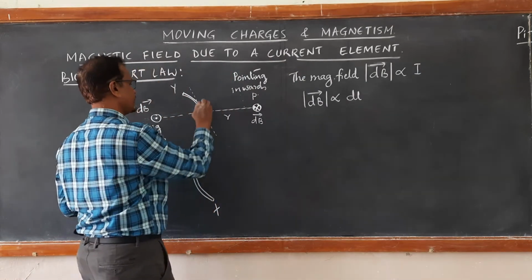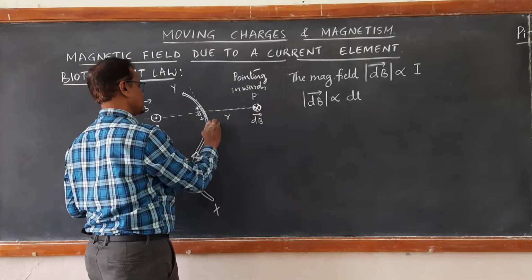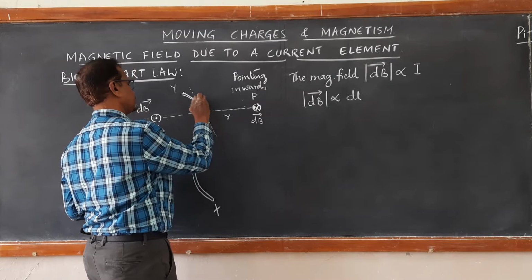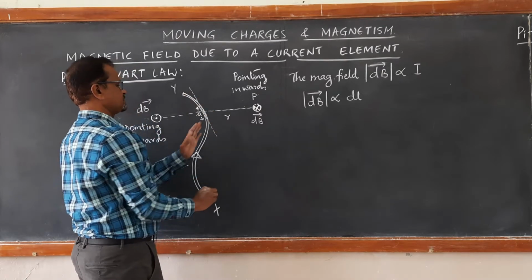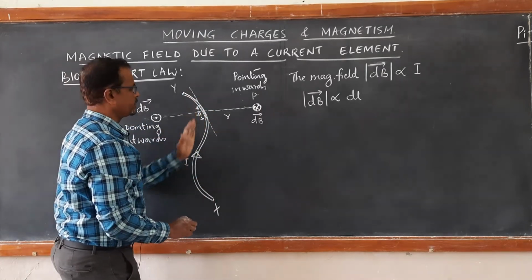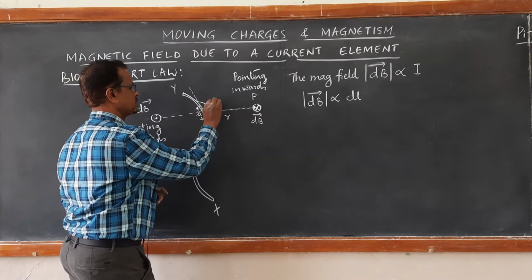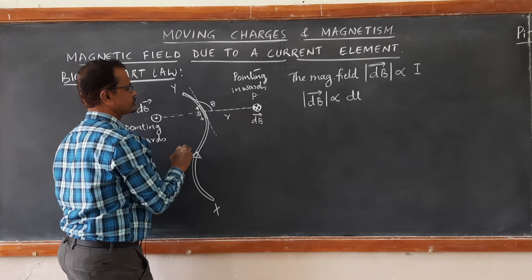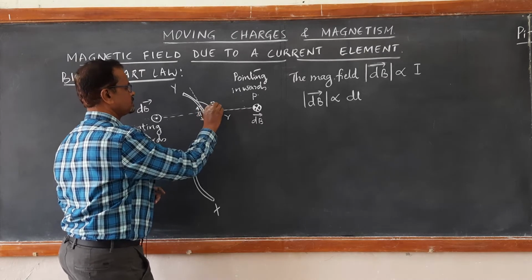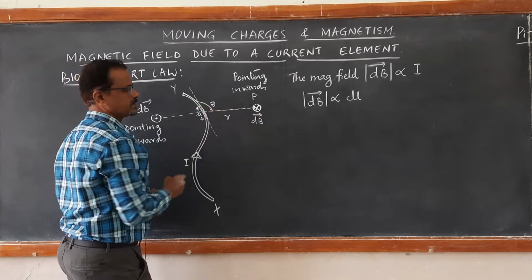To take the angle, I draw a tangent along the current element, and this is the angle theta with respect to the distance.